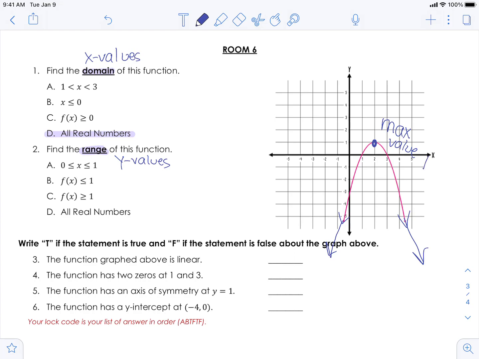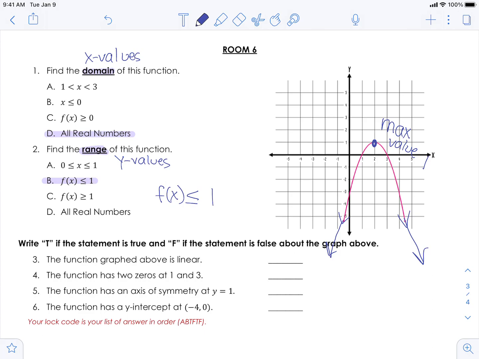It looks like we're using f of x instead of y. So I know I'm going to have f of x and the number 1, but I need to know, are the values greater than or equal to 1 or less than or equal to 1? All of the values are getting smaller than 1, so it's going to be less than or equal to 1, which looks like it's answer choice B.